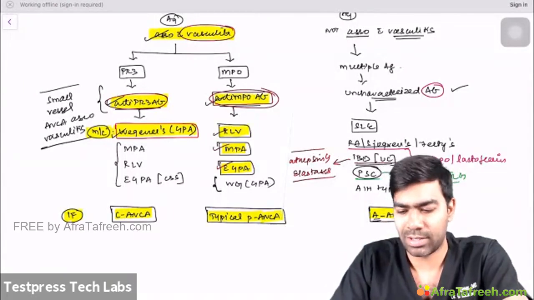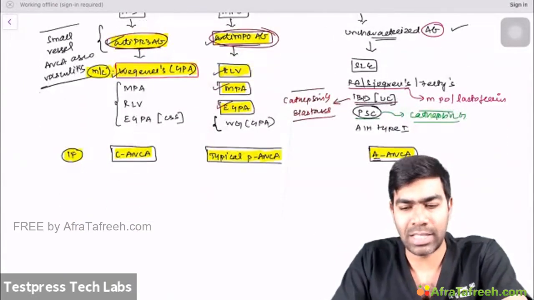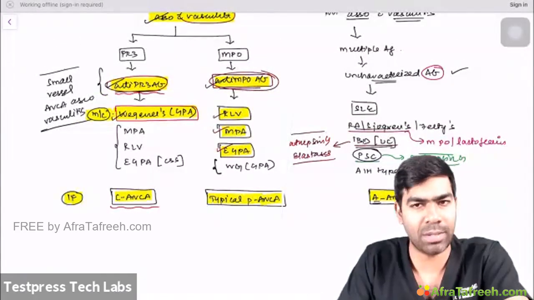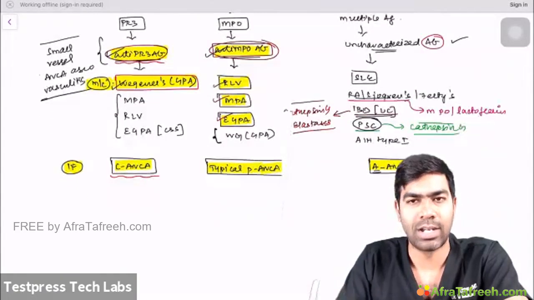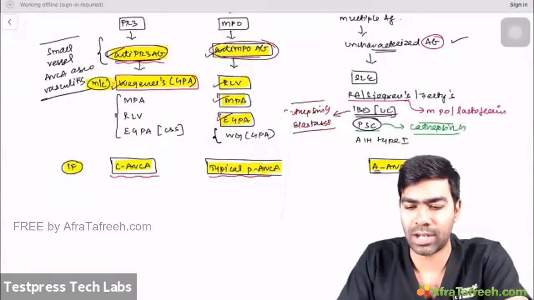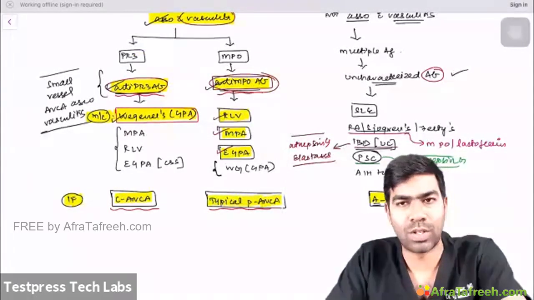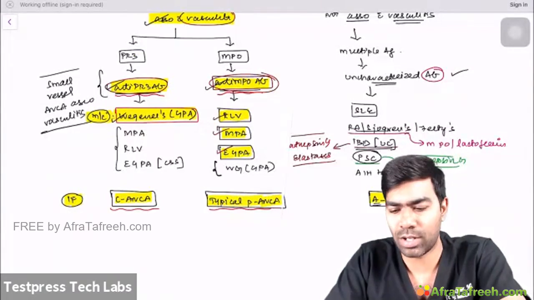But nevertheless, in exams, typical things really matter apart from the clinical practice that we follow. Whenever they say C-ANCA in an exam, it always means an anti-PR3 antibody. So it goes towards granulomatosis with polyangiitis. Whenever they say P-ANCA, it always goes towards an anti-MPO antibody, which usually goes towards the diagnosis of microscopic polyangiitis or Churg-Strauss syndrome.